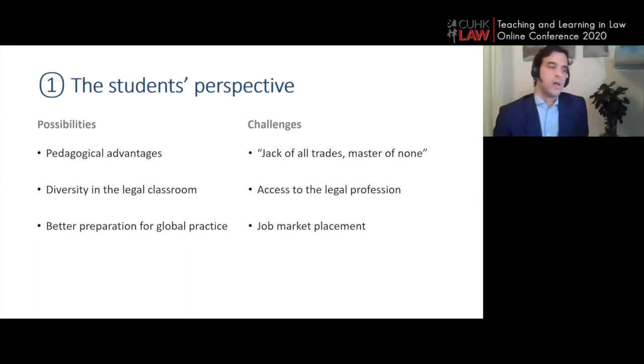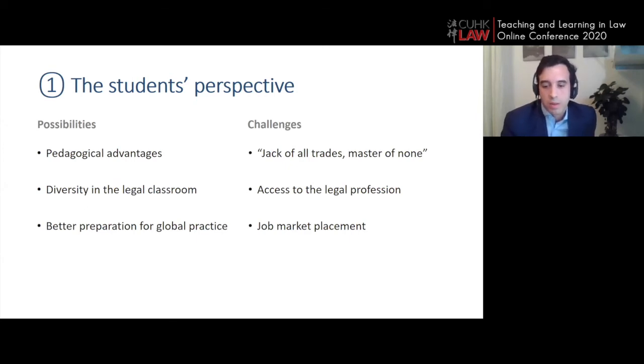I think that the most important point to make is that the kind of trans-systemic or multi-jurisdictional approach that I've described earlier can be very, very fruitful in pedagogical terms. And of course, this is a claim that would require a whole presentation on its own, and I don't want to focus only on this idea, although I think that it is very important, of course.